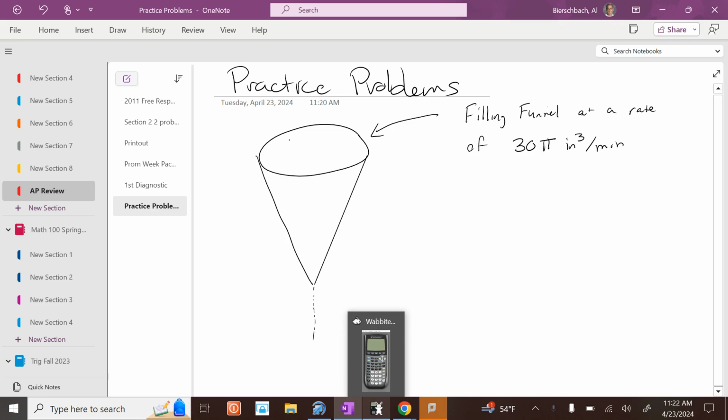All right. So you're filling a funnel at a rate of 30 pi inches cubed per minute.